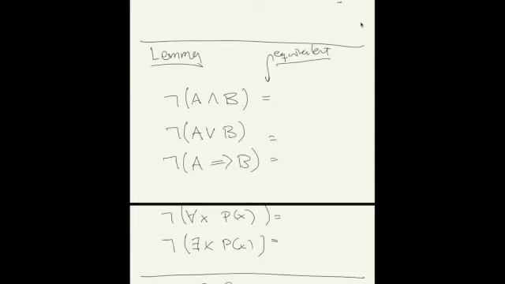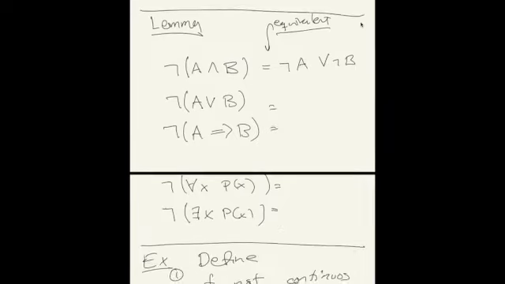But some of these are more intuitive than others. If you have not (A and B), then this means that either not A or not B. It's enough for one of these to fail to be true in order for A and B to be false.